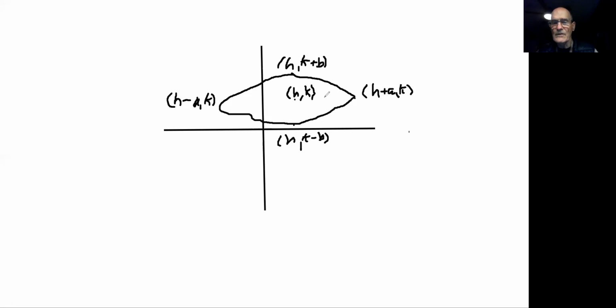So we would have a focus here, and in this case, it would be h plus c, because the foci are a distance c away from the center. And then the focus over here would be a point which would be h minus c and k.